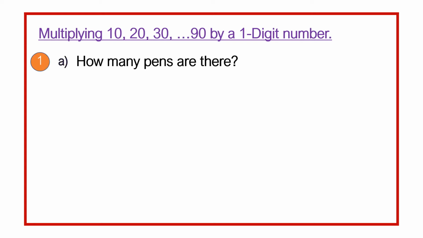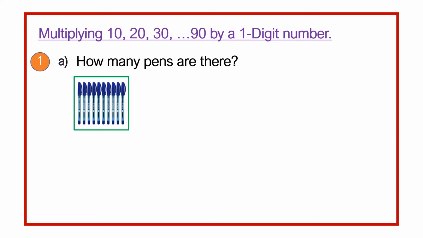So let us look at example number 1a. How many pens are there? You can see that we have, let's count, 1, 2, 3, 4, 5, 6, 7, 8, 9, 10.